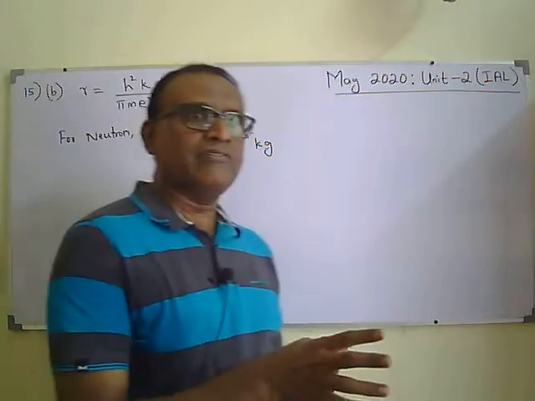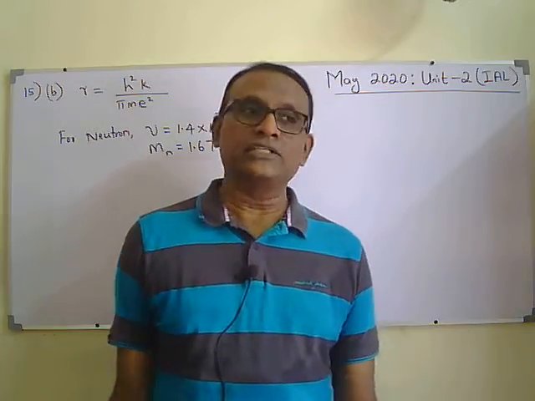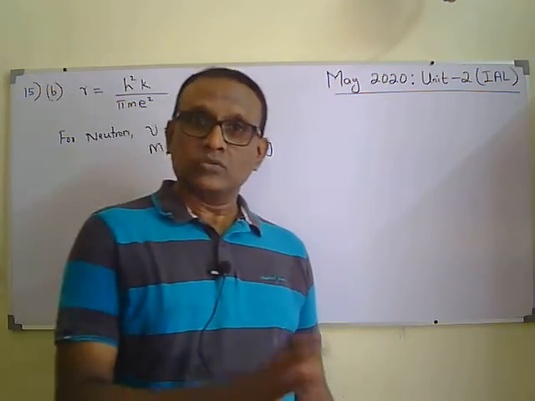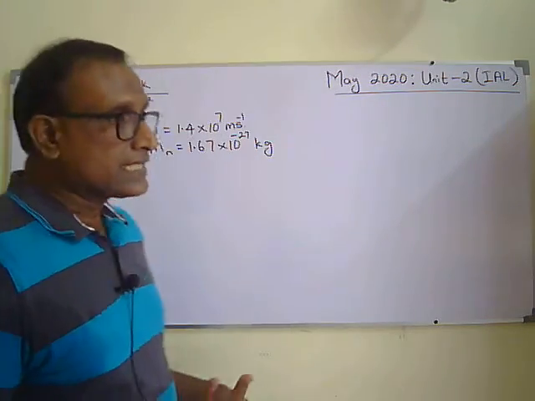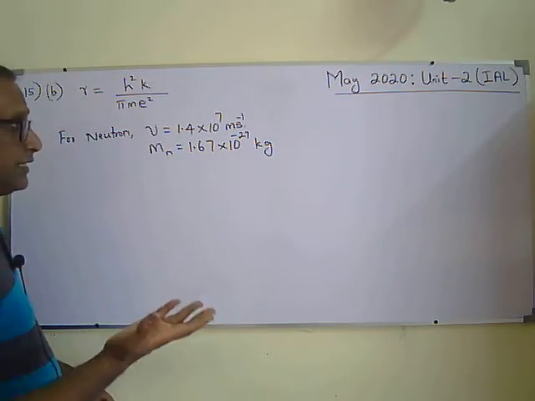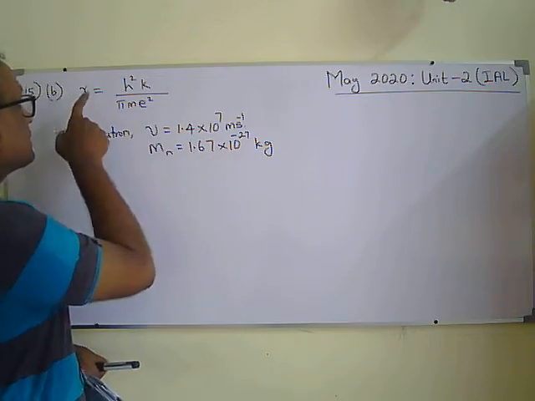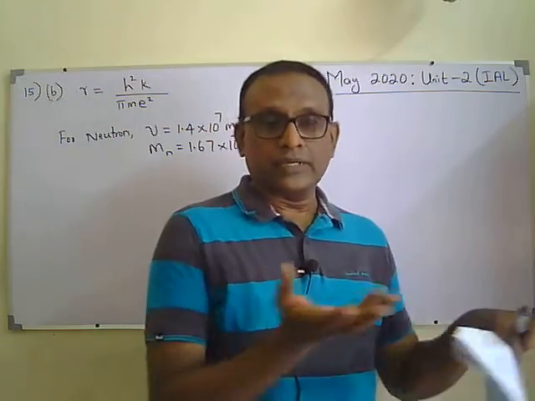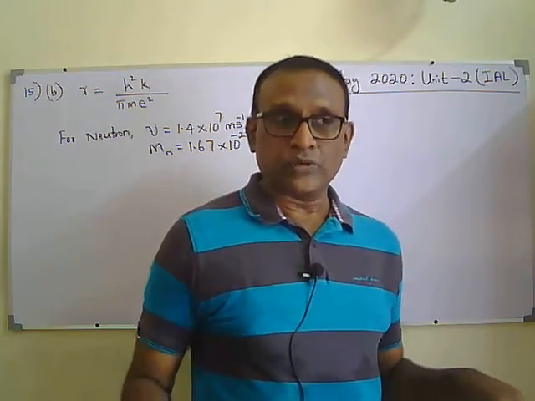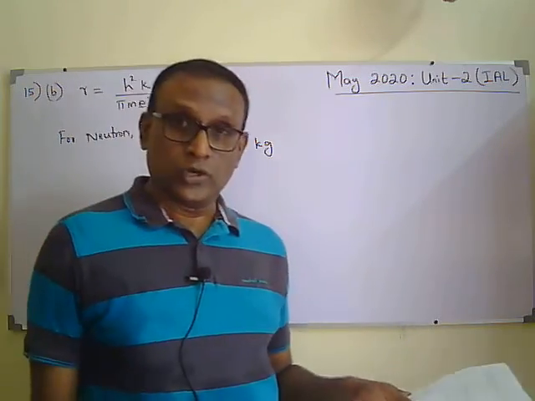A neutron has a wavelength. How can a particle have a wavelength? We learned about wave-particle duality. Matter has a wave called the de Broglie wavelength. So the student says that the de Broglie wavelength of a neutron traveling at this speed will be the same as the radius of the atom, which can be calculated using the equation proposed by Niels Bohr, right?